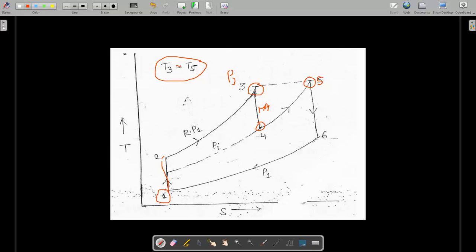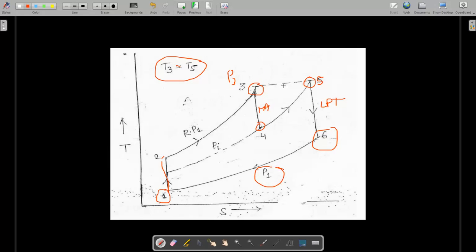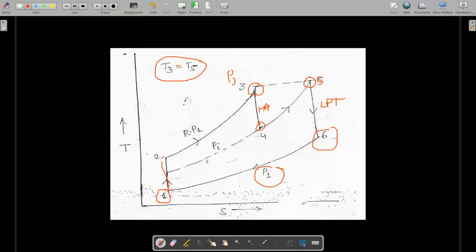I have taken the fifth point because in the numerical we would be confused whether this point 3 is of the high pressure turbine or the low pressure turbine. So for simplicity I have taken point 5, but T3 and T5 are the same. Then again it is expanded to point 6 and returned back to the initial pressure. The intermediate pressure I have named PI.